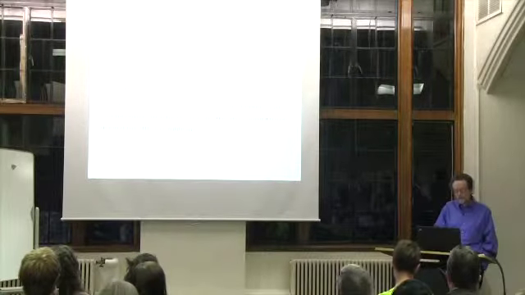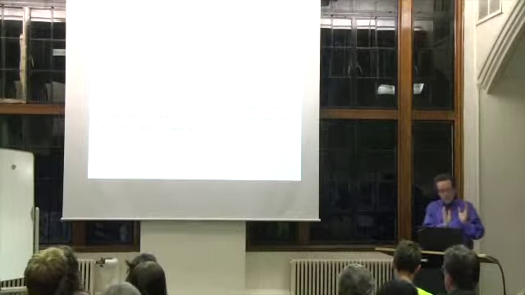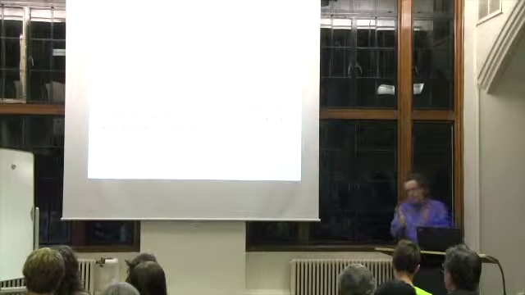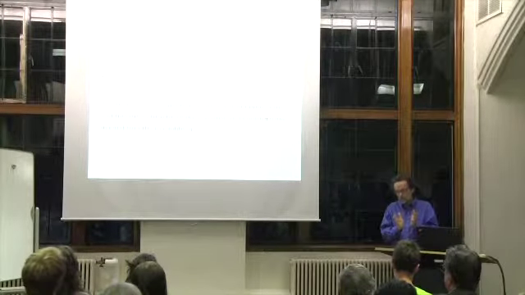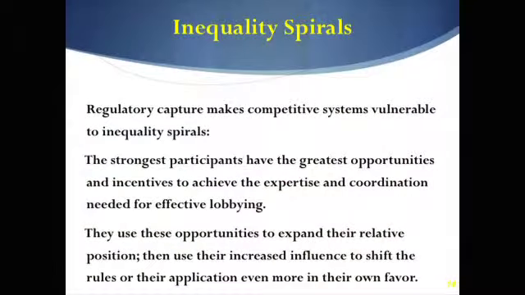So inequality spirals basically work this way. Very strong participants, people who are already advantaged, who already have disproportionately large shares of the social product, find it both in their interest and also have better opportunities and more experience to lobby. So there's the obvious phenomenon that lobbying is worthwhile the more you have.